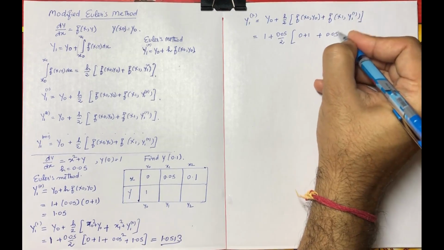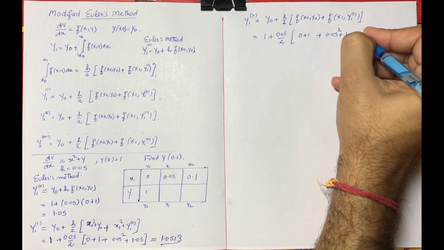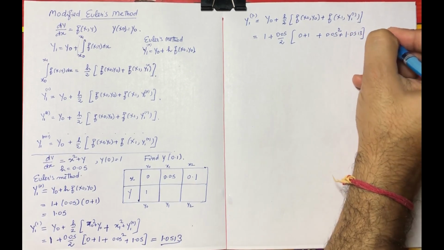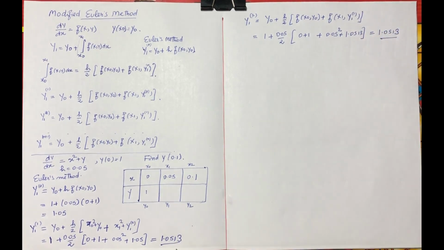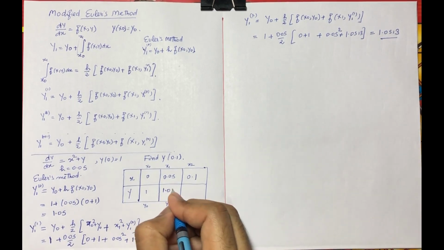So 0.05 squared, and now instead of y1^(0) we just replace with this 1.0513, and after calculating this comes out to be again 1.0513. As the two iterations are the same, this is the solution for y1.